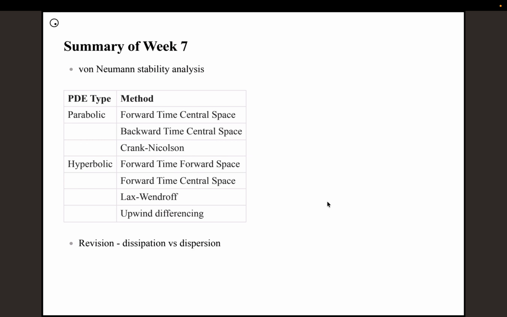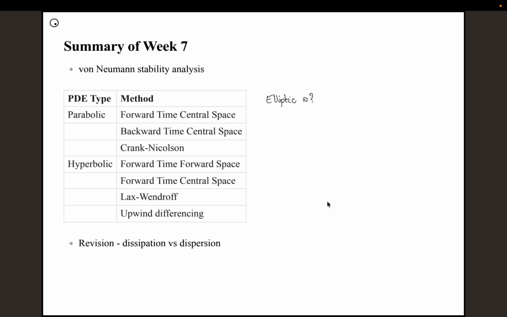As you can observe, this is not there for elliptic equations, because in elliptic equations we do not have any time term. All that we have is usually the spatial terms, and information has to be a simultaneous process.